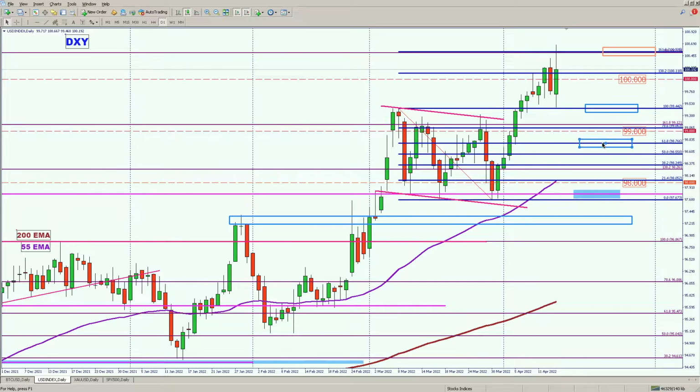So this area at the 78.6 or 62 fib retracement, I think we can remove that for now, just below 99. So this swing high here will still be a support now at the 99.44.